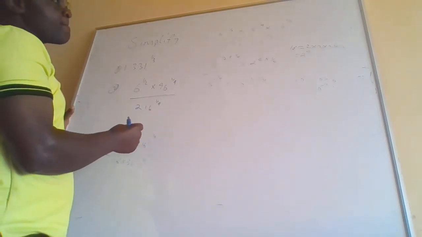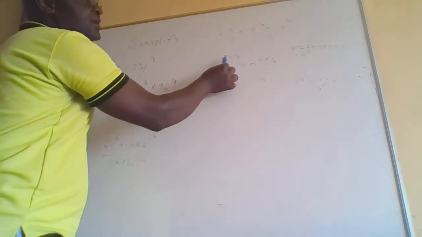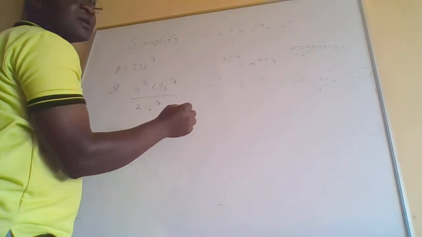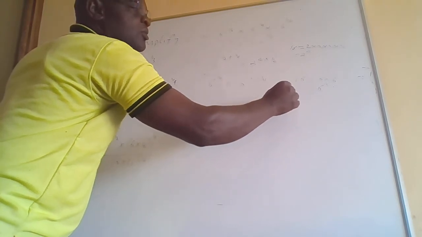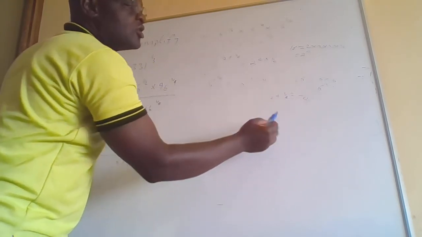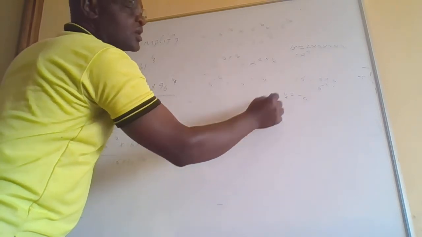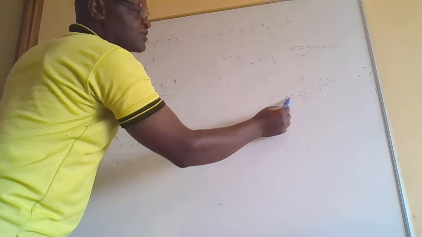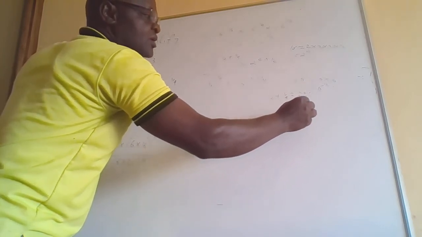So this equals, now we add the powers there: 1 over 2 plus 1 over 4. The LCM is 4. 2 goes into 4 two times, 2 times 1 gives 2, plus 1 gives 3, so it is equal to 3 all over 4.